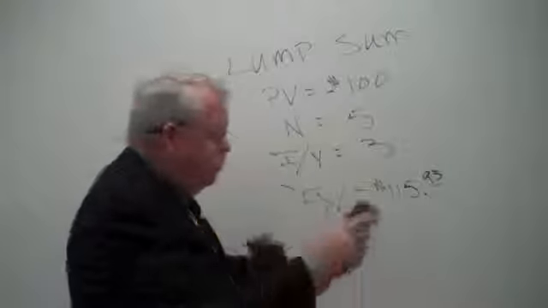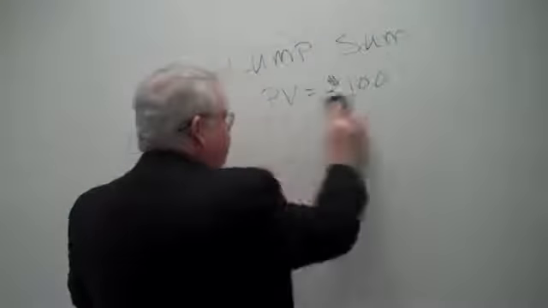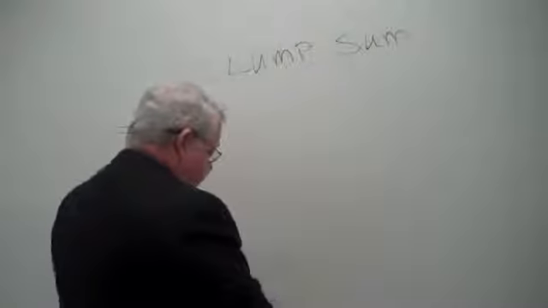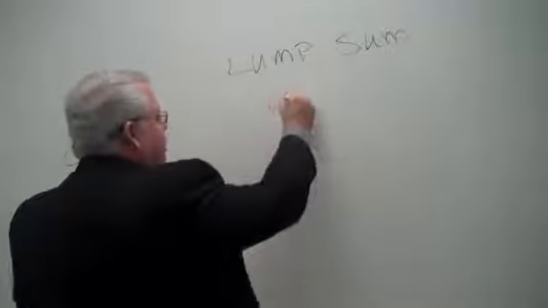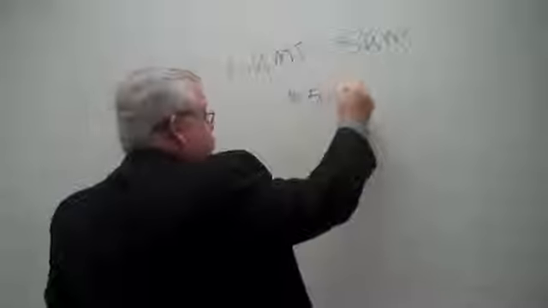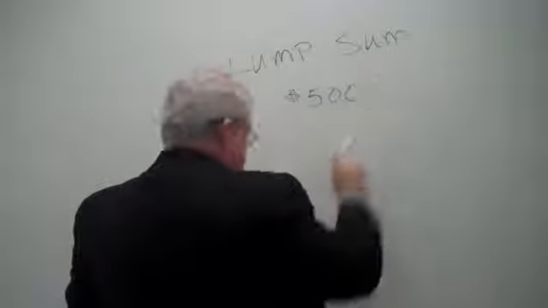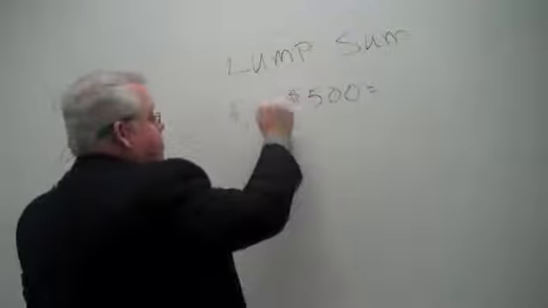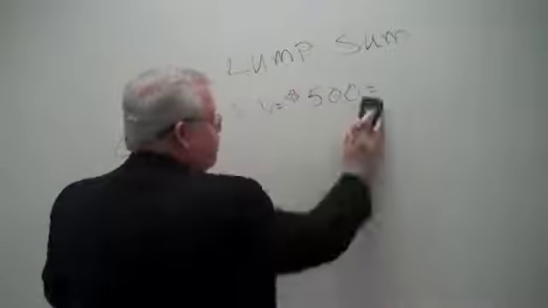What I want to do next, though, is turn this around. Let's take a different example and say, look, you're going to get $500 in the future. So that's the future value. Let's put that over here. Future value is $500.